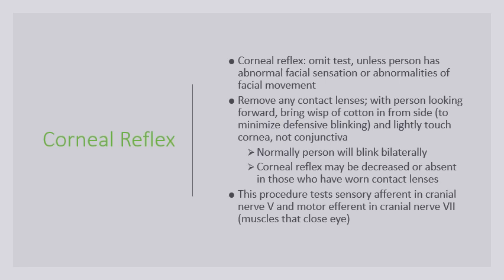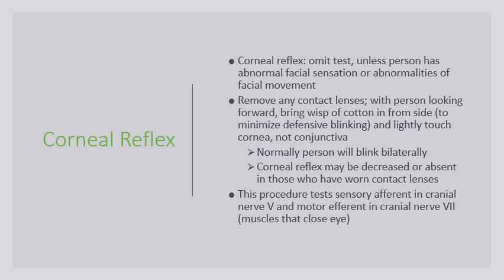Corneal reflex is only a test that you do if the person has abnormal facial sensation or abnormalities of facial movement. So if you have a problem with cranial nerve 5 or cranial nerve 7, you could do the corneal reflex. With this, you can't have any corrective lenses.